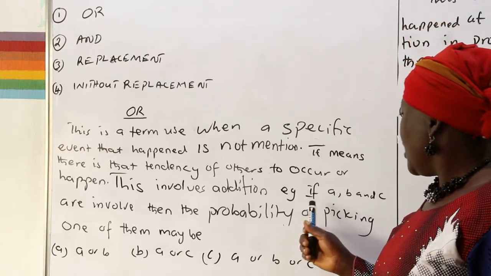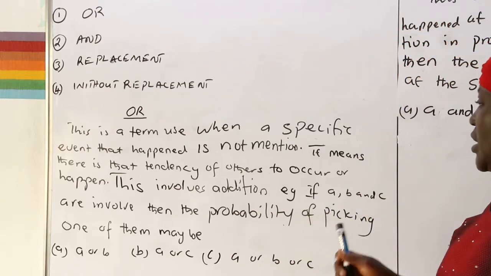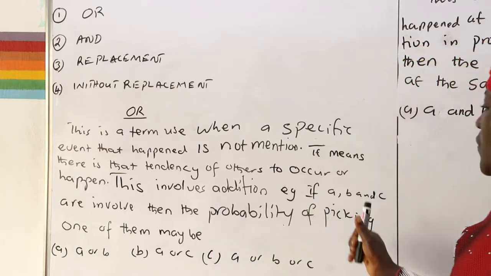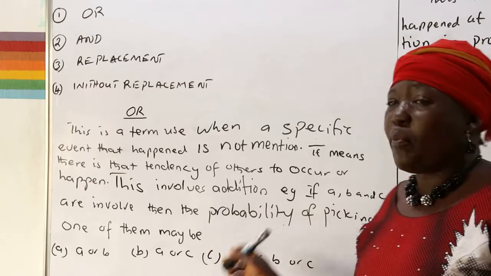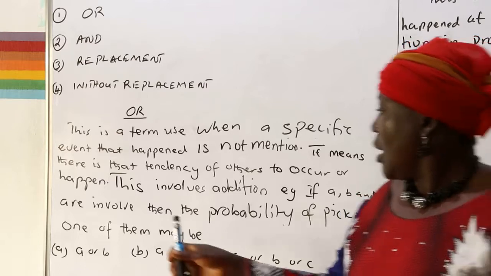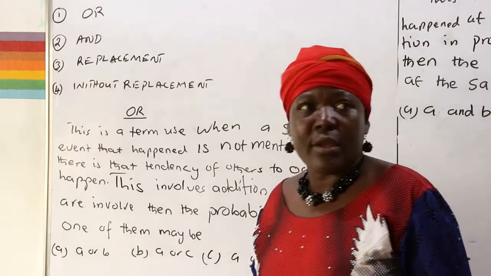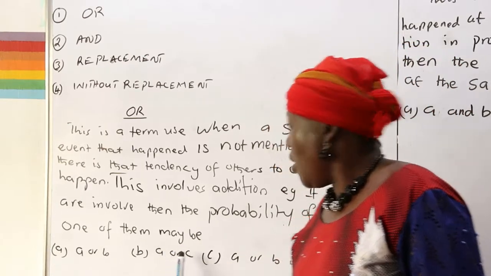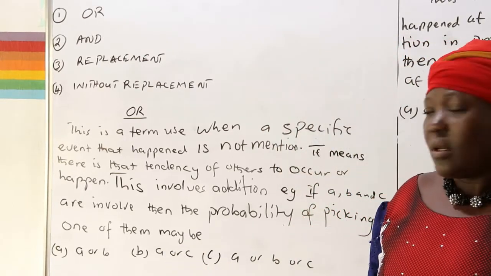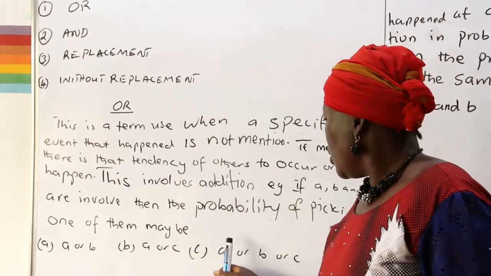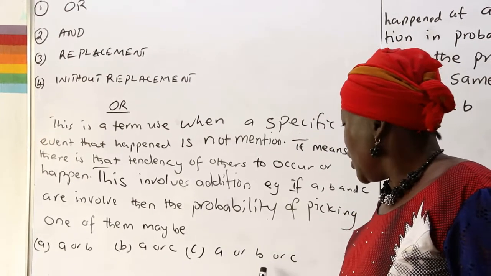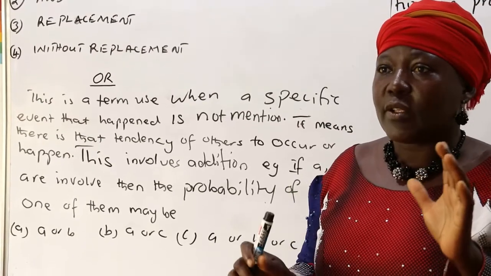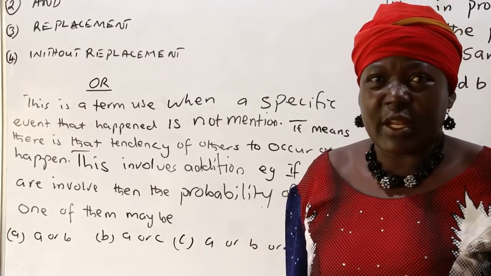For instance, if A, B, and C are involved, then the probability of picking one of them may be A or B, B or C, A or C, or it could be A or B or C. So any one of them can be asked, since there is not any specific one that is asked.